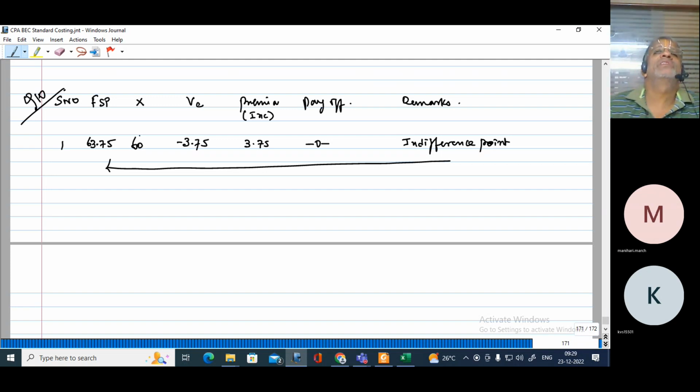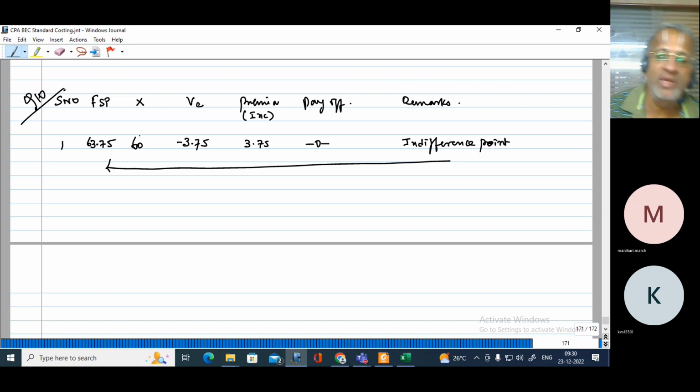See, when somebody is telling whether this point is Andhra Pradesh or Tamil Nadu, you should come to the border and tell this is Tamil Nadu and this is Andhra Pradesh. When do you start making money? You stand at a point where you don't make any money and don't lose any money. That scenario you call the indifference point.